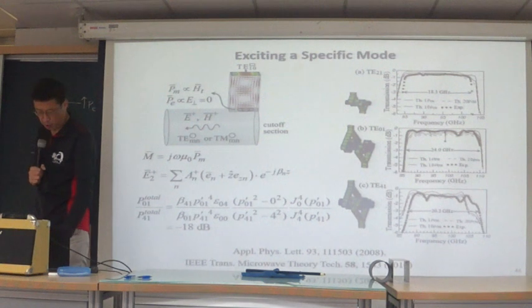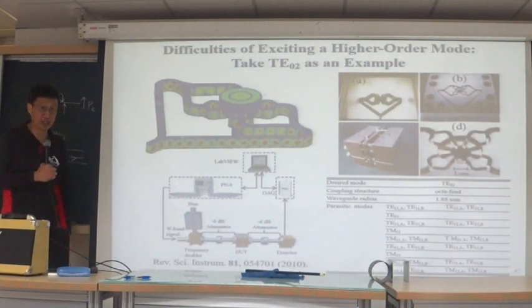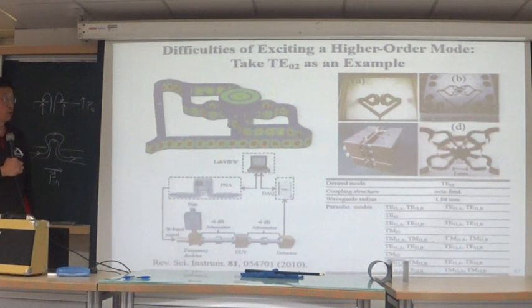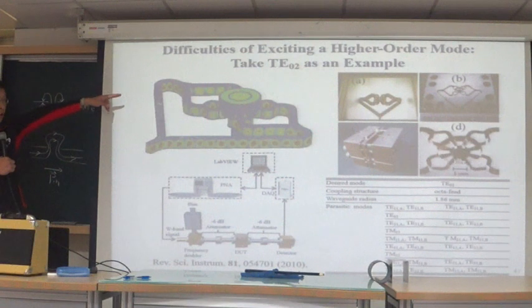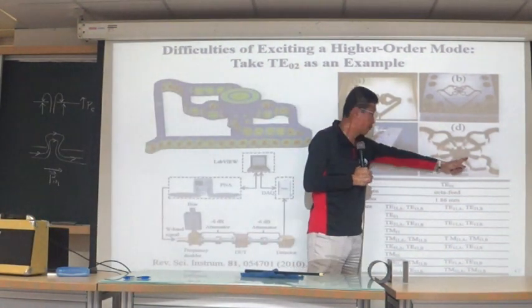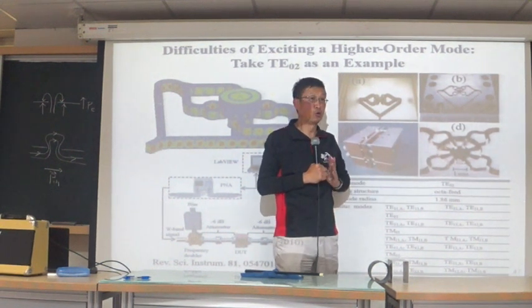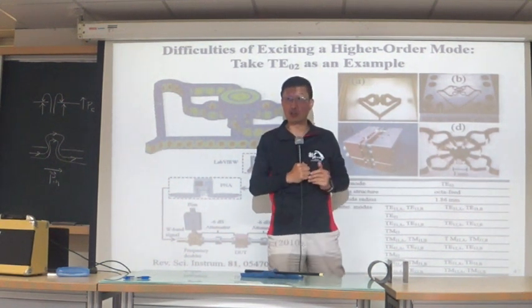And then we increase the frequency even higher to 200 gigahertz, to a higher order mode, the TE02 mode. Actually, it's quite small here. How to machine this one? How to fabricate this kind of structure?